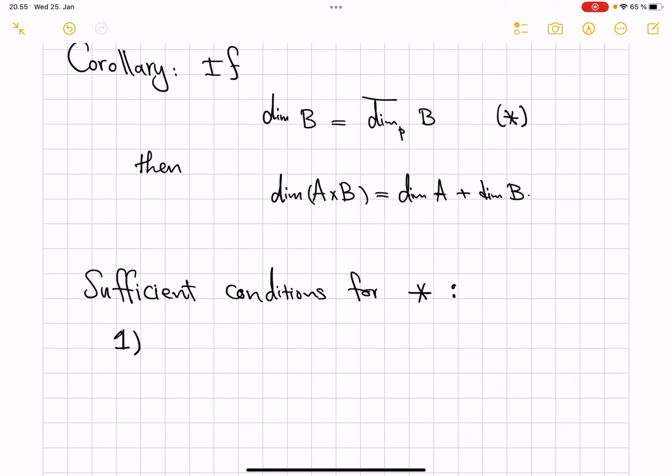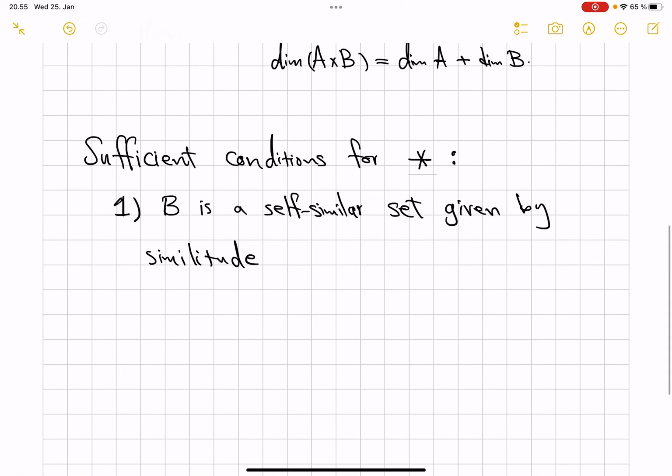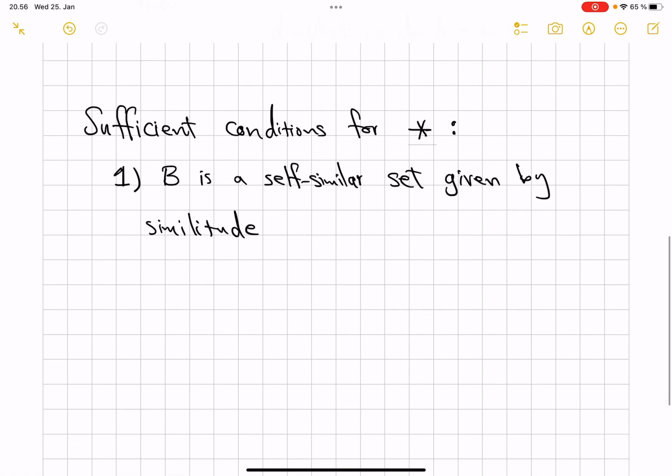So the first one is if B is a self-similar set, which we have discussed extensively here, given by similitudes. There are videos covering all these notions precisely, not just a hand-waving notion of self-similar, but a very precise mathematical one, with theorems that give the Hausdorff dimension of such sets.